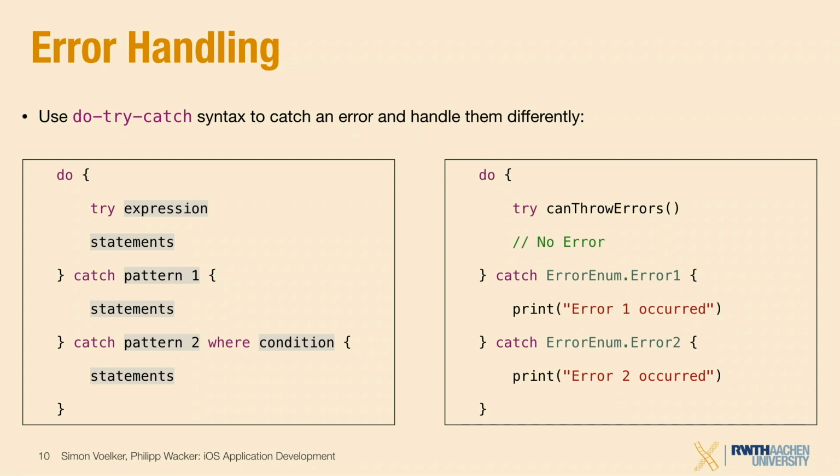As in this example, you do try, it can throw errors, and then you work through the errors in a very simple way, and then you can react to that and maybe try it again or fix these things or give the user specific feedback saying, okay, what he has to do to observe this error. So this is the common thing that you probably know from Java.